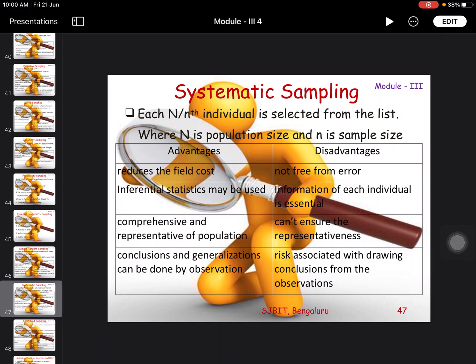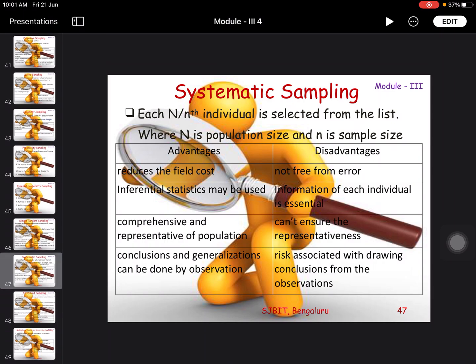It is associated with drawing conclusions. It can't ensure representativeness, and conclusions and generalizations can be done by observation. It reduces the field cost.